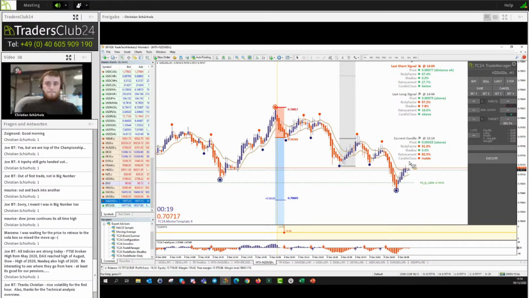So the candle needs to be halfway in and out, and we want that closing price out as well. Once we get all of those setups for the signal, then we should see an arrow down at the bottom here, like these blue and red ones. And then once we receive the arrow, then we can go ahead and place that trade.